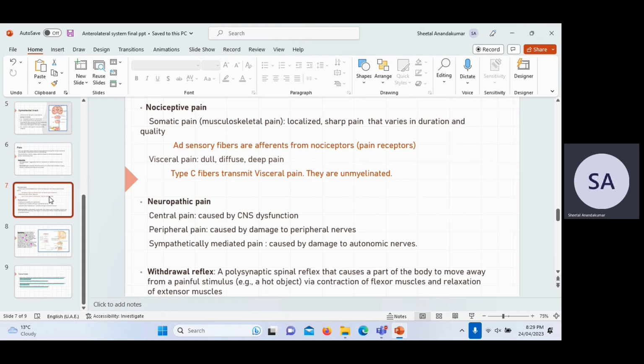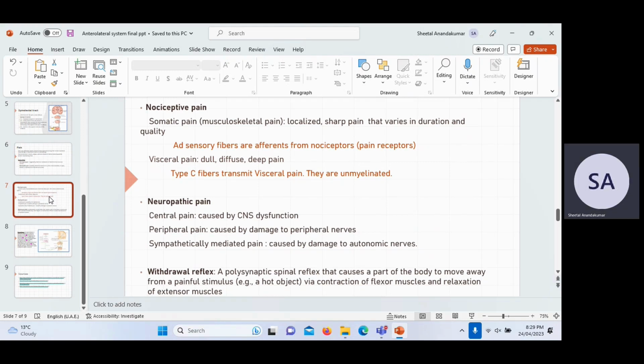This could be because of issues like diabetes, which can damage the peripheral nerves and cause peripheral pain. And then sympathetically mediated pain. This is caused by the autonomic nervous system, which includes the sympathetic, parasympathetic, and enteric nervous systems, which are responsible for different functions such as digestion. So that's neuropathic pain.